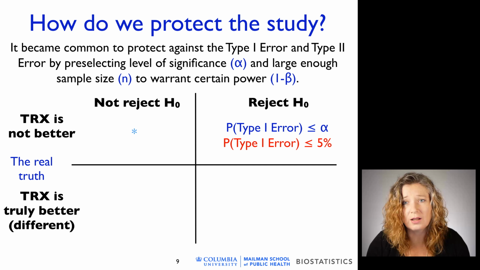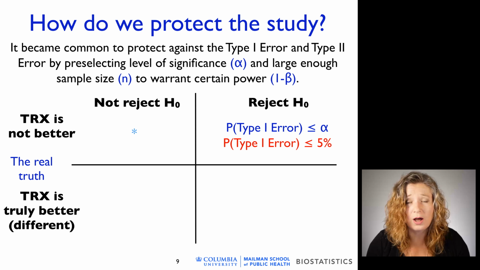So by selecting level of significance 5%, I am basically bounding the chance of type 1 error happening. In other words, I'm saying there is at most 5% chance that if the TRX is not truly better than tau, we will find it significant.